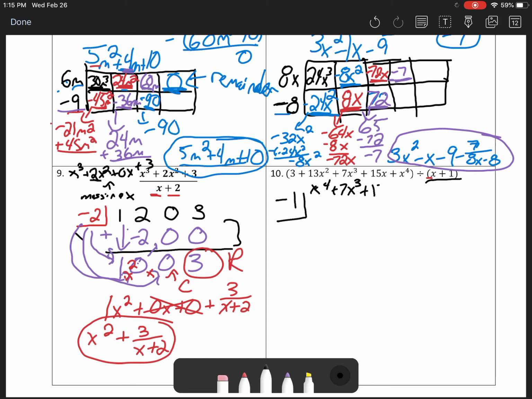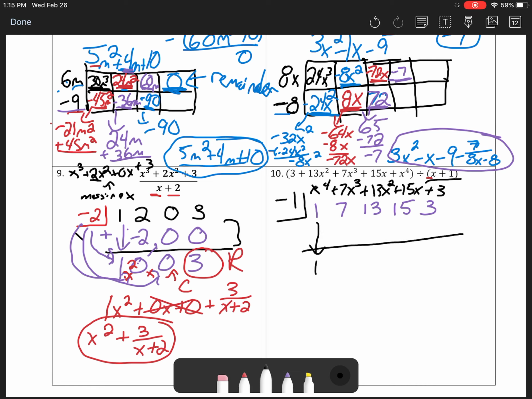Then I have an x squared of 13, so 13x squared. Then I have a 15x. Then I have a 3. So what numbers go here? My first term's coefficient is 1. My second term is 7, my third term is 13, my fourth term is 15, and my last term is 3. And we just go through and do the same thing.